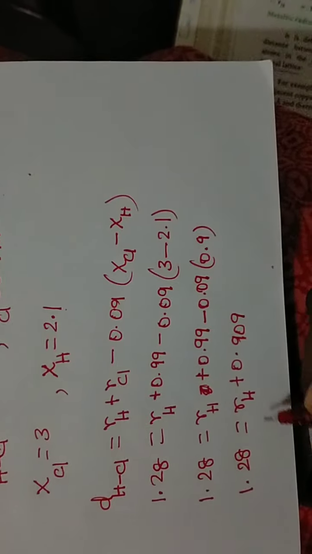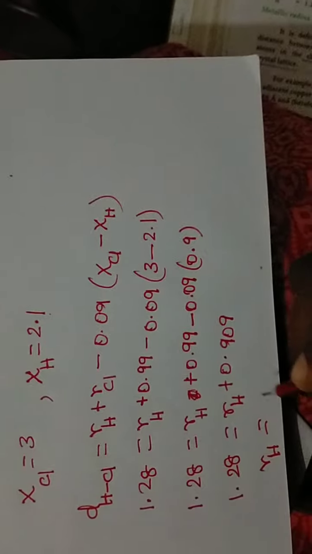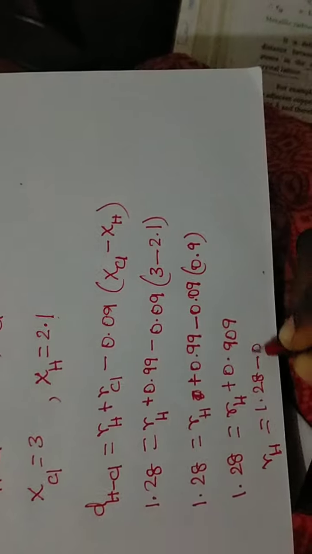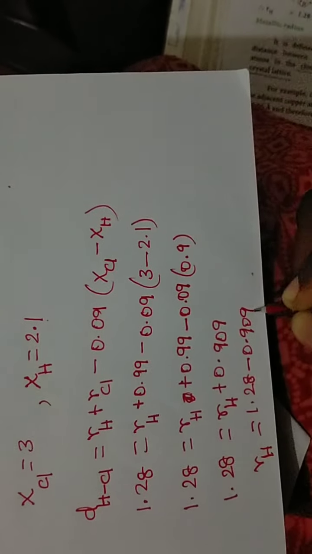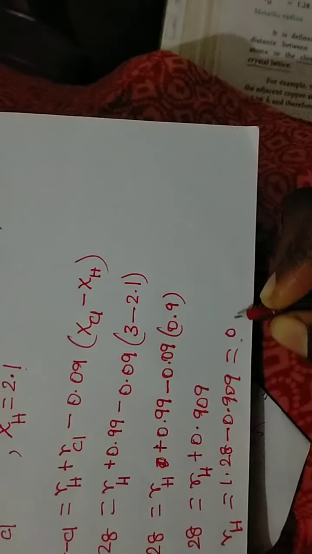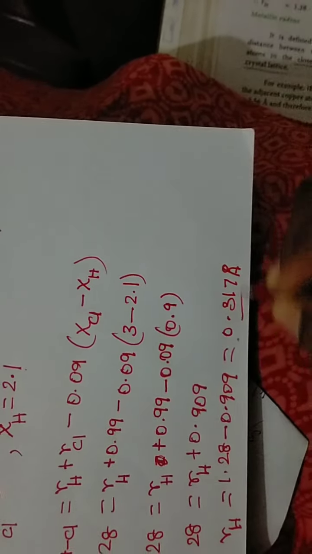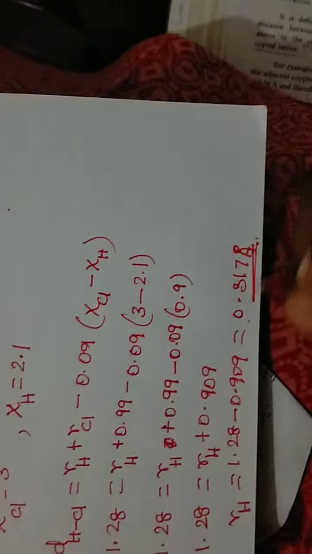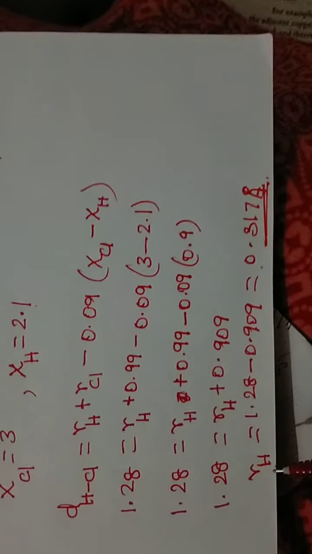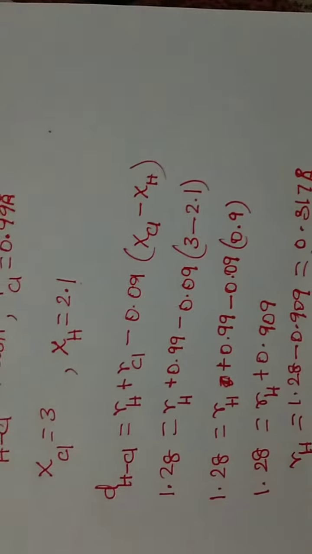Then you can easily find this R_H value. R_H is equal to 1.28 minus 0.909. So what's the final value? Subtract this and you will get 0.317 angstrom. The unit should be angstrom, so we put angstrom here. So we calculated the radius of hydrogen which is connected with the chlorine. This is the calculation.